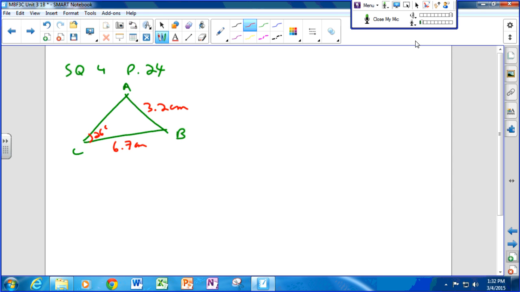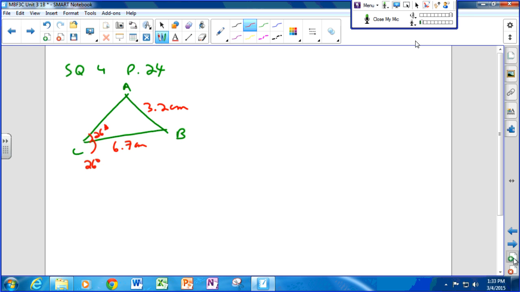Now, if your writing's too big to fit in the angle, you can always do it this way. Just do a little line into the angle and write it below. That's the way to show it if you can't fit it in your diagram. Maybe your writing's big. Okay, so there you go.